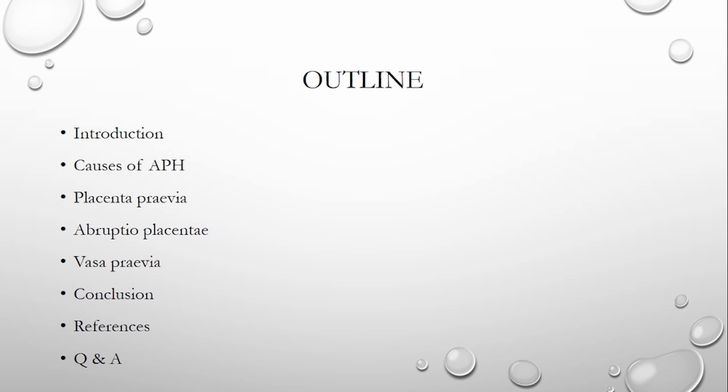Three, you must be able to describe the management of placenta previa and also describe the management of abruptio placenta. And you must be able to know how to distinguish vasa previa from placenta previa. These are the learning outcomes of this session.